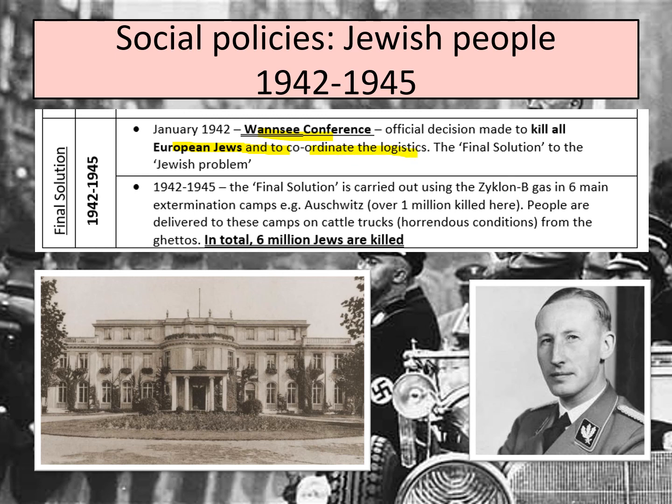And they decide that they're going to try and murder up to 60,000 innocent people a day. They're going to do this through purpose-built extermination camps, places that you might have heard of before like Auschwitz, and over 1 million people are killed on that site alone. As a result of this terrible policy of the final solution, 6 million Jewish people have been killed by the Nazis by 1945.